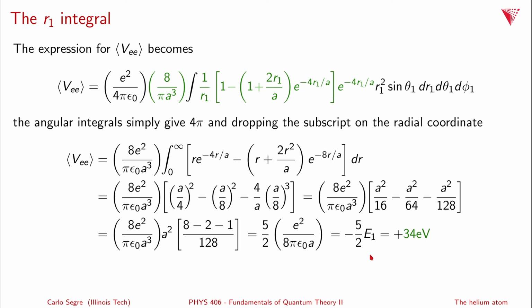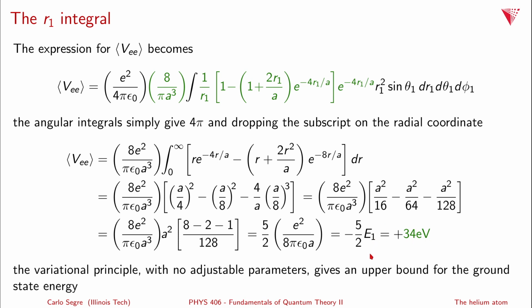E1 is negative. So the variational principle with no adjusted parameters gives an upper bound for the ground state of minus 109 eV, and then added to that 34 eV, so you get minus 75 eV.